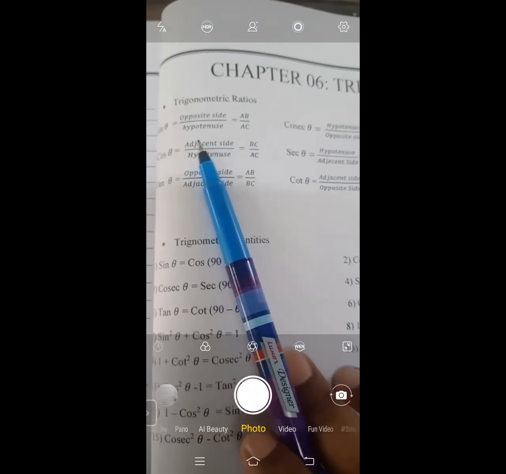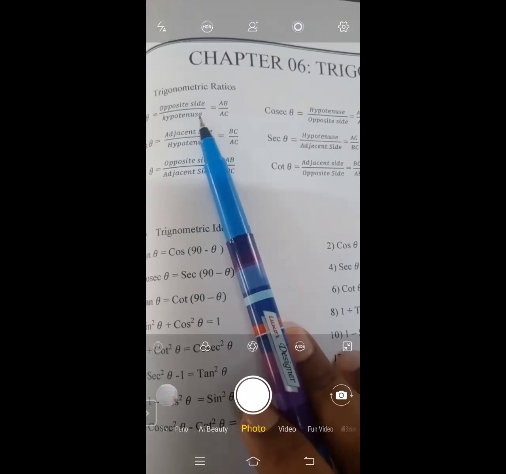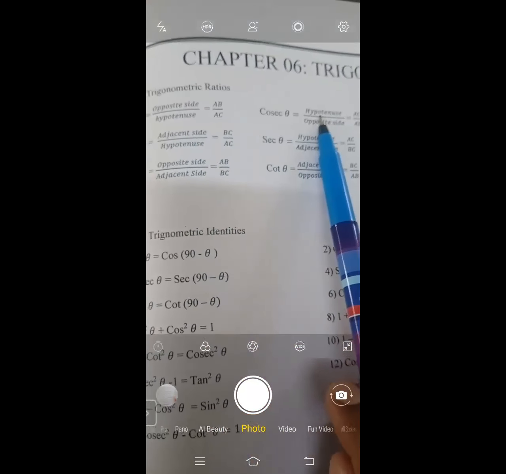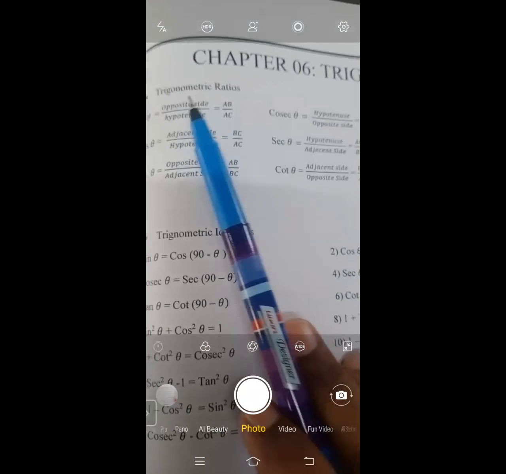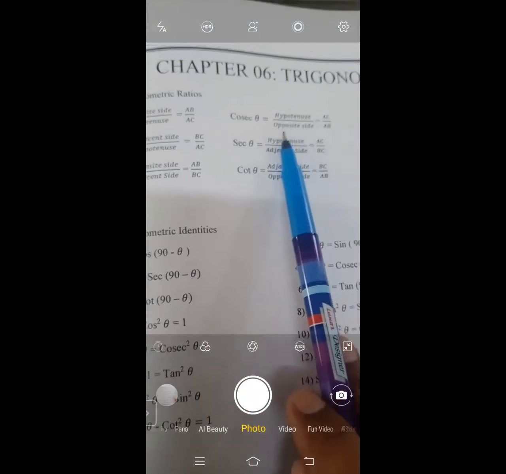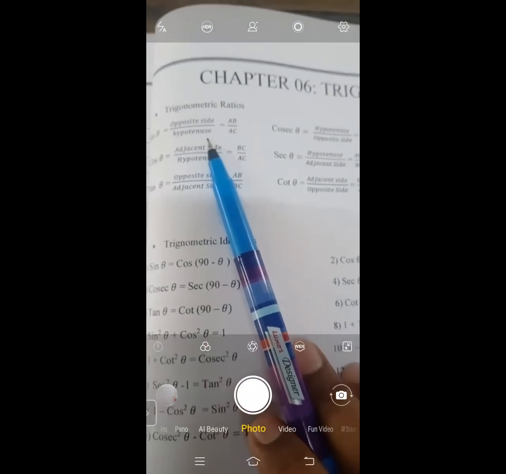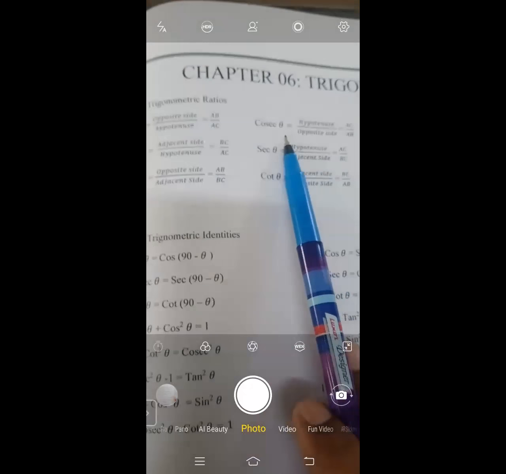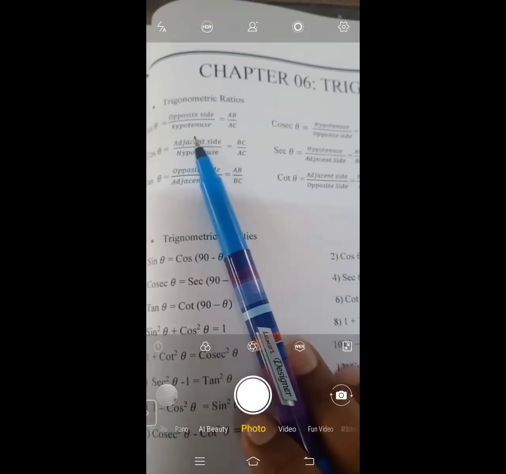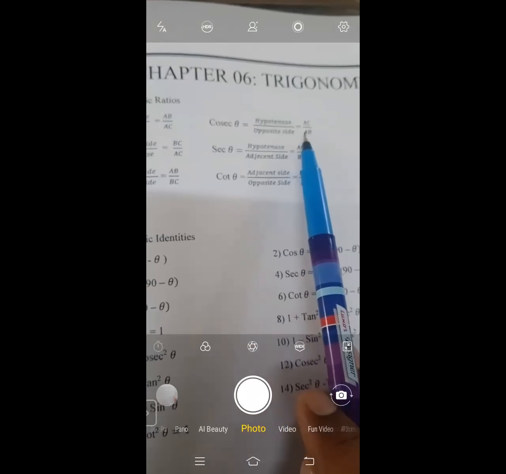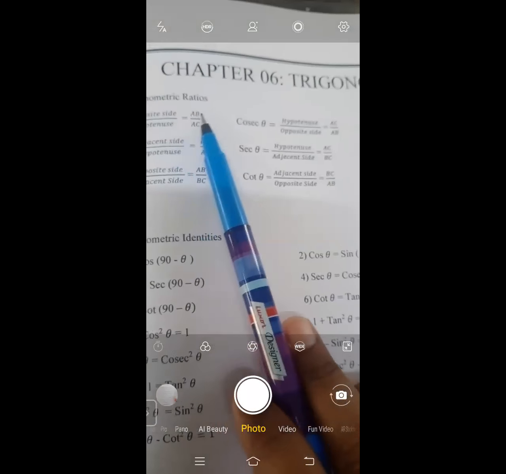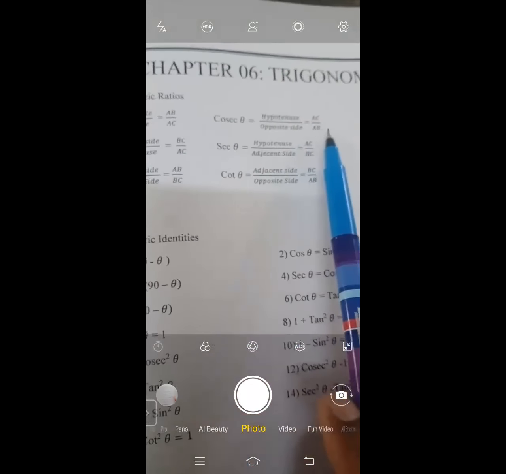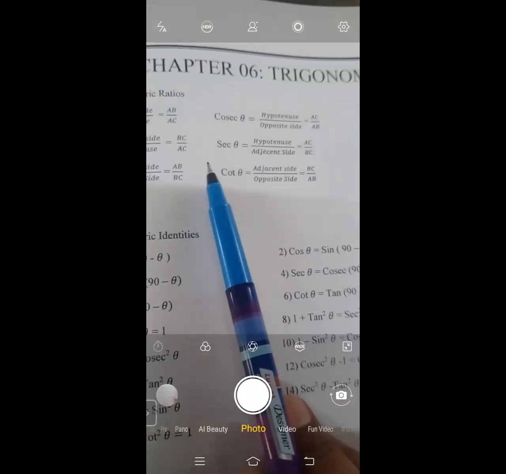Here you can clearly see that whatever is the denominator goes to the numerator, and the numerator becomes the denominator. So it is called the reciprocal. For cosec theta, we are taking the reciprocal of sine theta, which equals AC upon AB. Here we were writing AB upon AC, and here we are writing AC upon AB. What is sec theta?